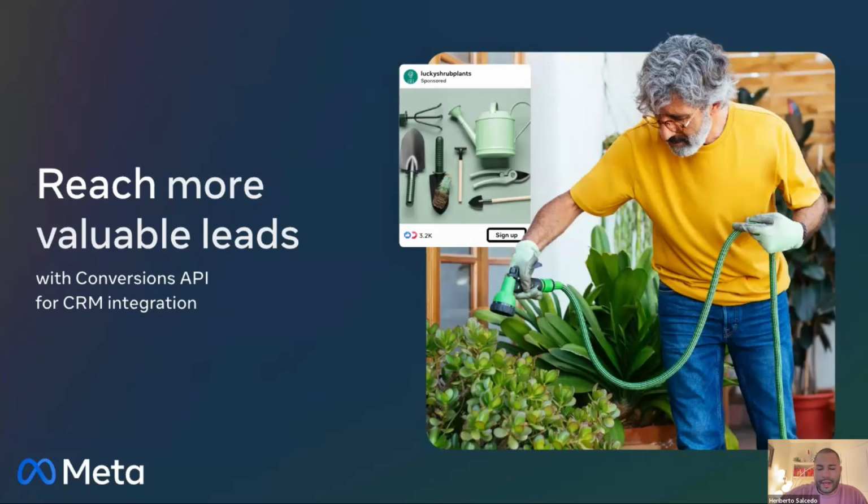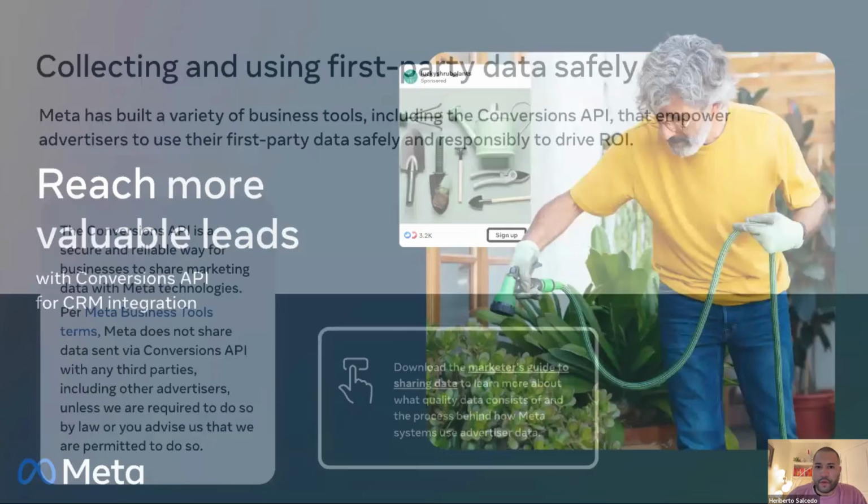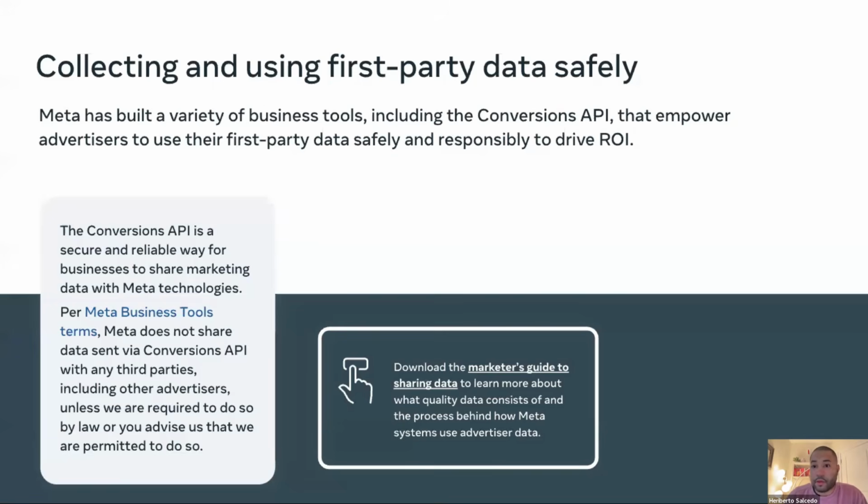So if we go to the next slide, I want to first baseline us on collecting and using first party data safely. It's one of our key principles when it comes to data. We built a variety of business tools, including the Conversions API, that help advertisers, businesses, and marketers use their first party data to drive better business results.